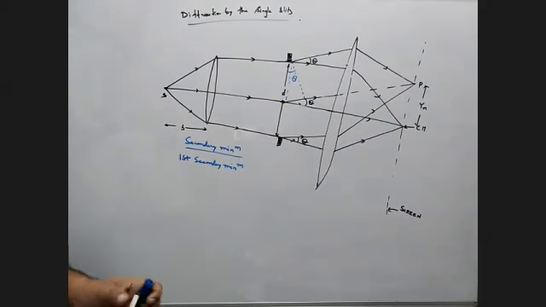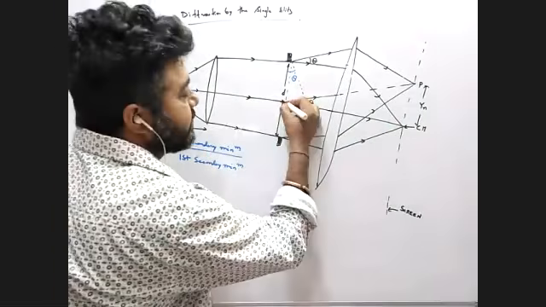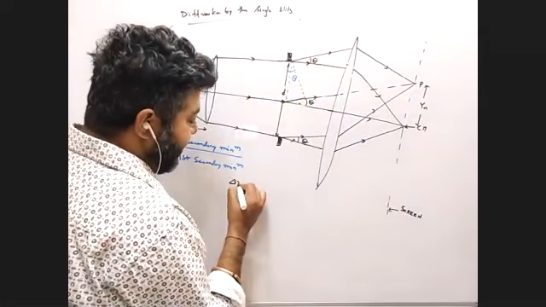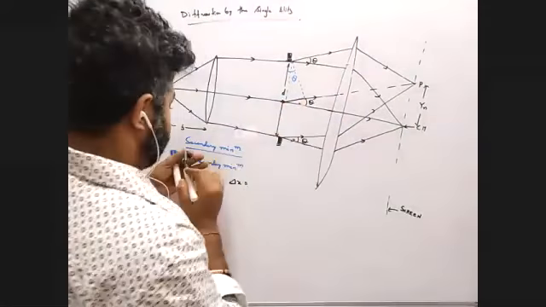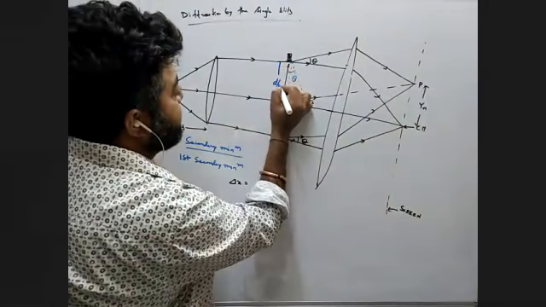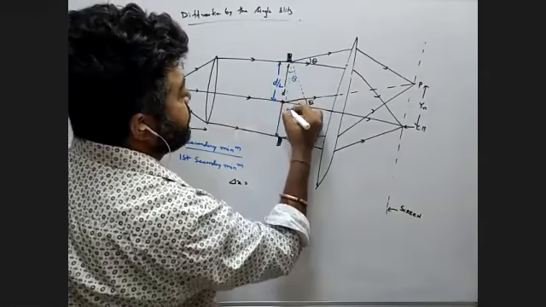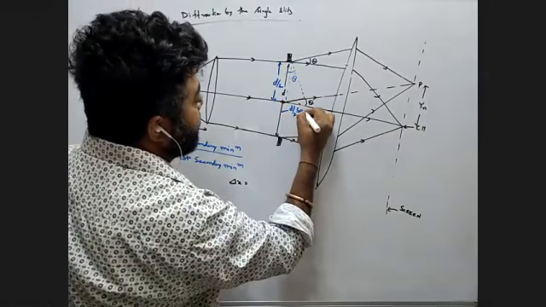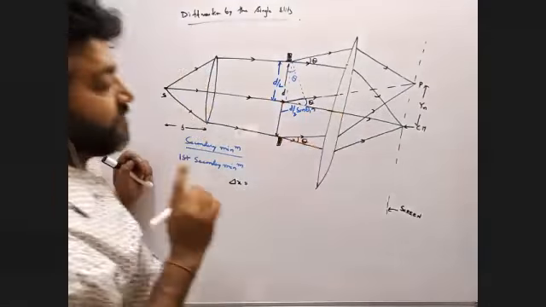Now for the first secondary minimum, if we consider this path difference, del x, how much is it? Along the base, that is half, so it is d by 2 sine theta 1, we can say for the first.